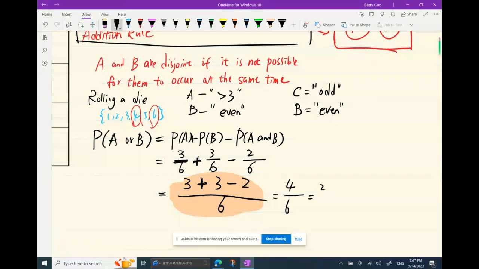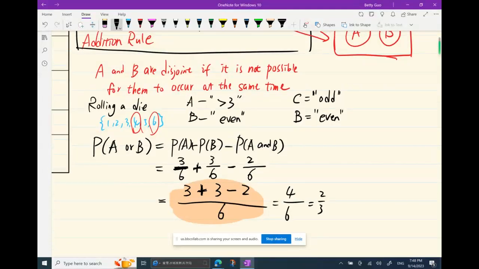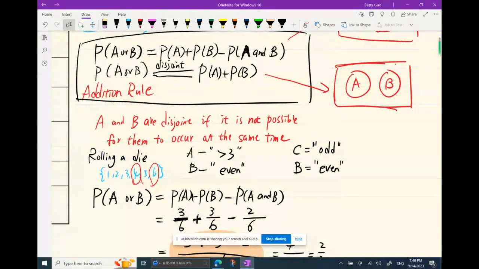And then we reduce to 2/3. Reduce at the last step. 2/3 is the probability of A or B. We used the first formula of the addition rule when the 2 events are not disjoint, when it's possible for them to occur at the same time. All right, so that's the first formula.